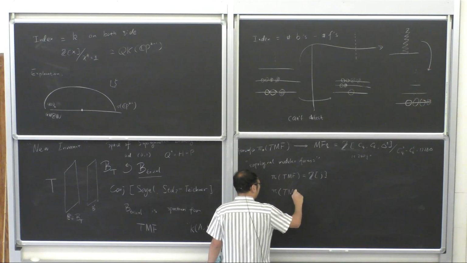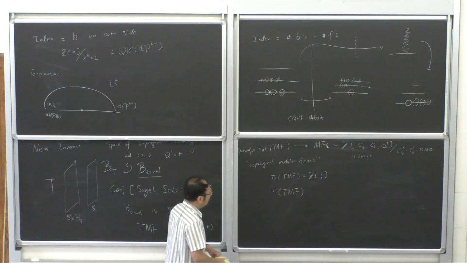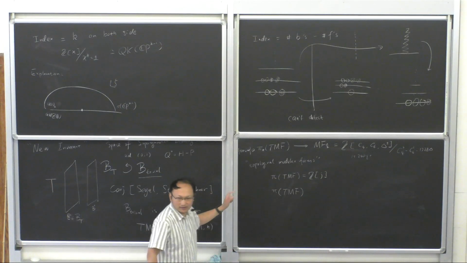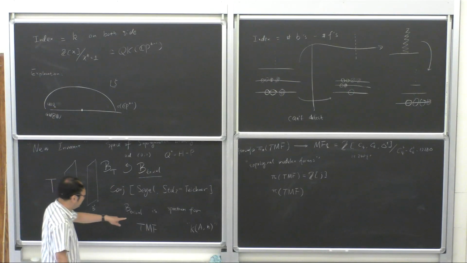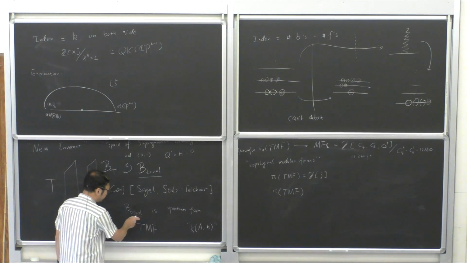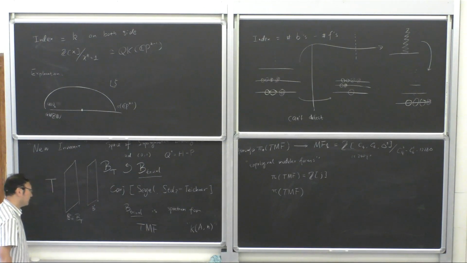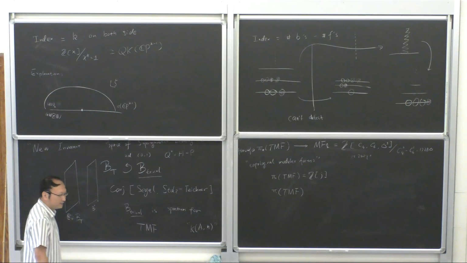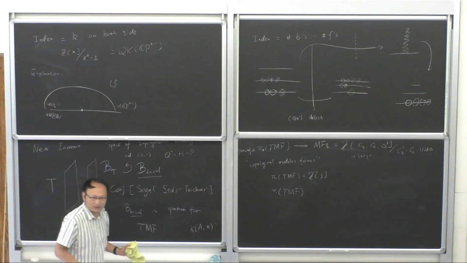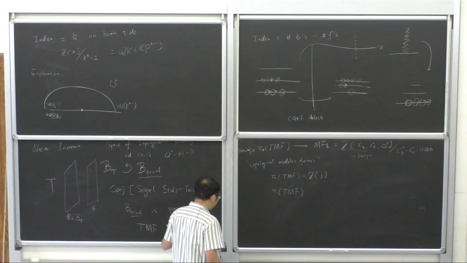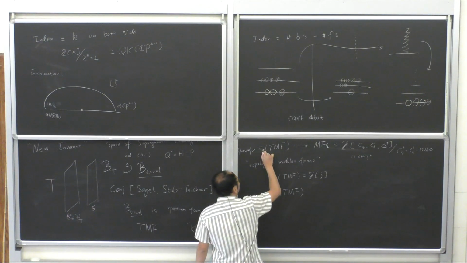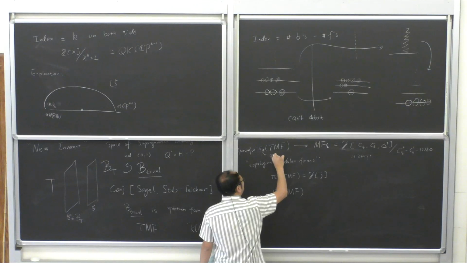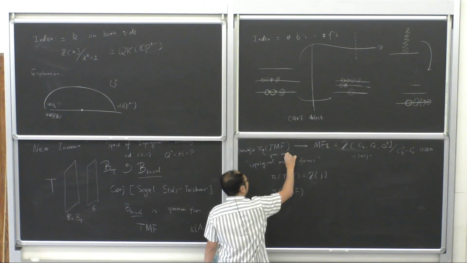And what is pi 1 TMF? What's the meaning of this 1? When we are talking about the trivial theory, it's trivial up to a gravitational Chern-Simons term. Namely, the theory can have gravitational anomaly, and this degree exactly measures this gravitational anomaly.